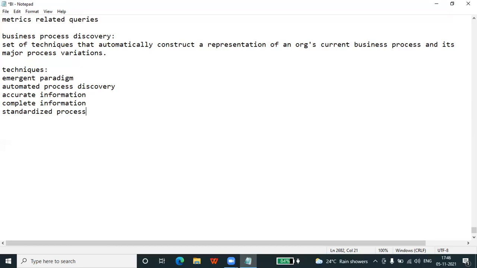This data can be analyzed to form a process model. By automating the analysis of the data, the subjectivity of current manual process analysis techniques is removed.